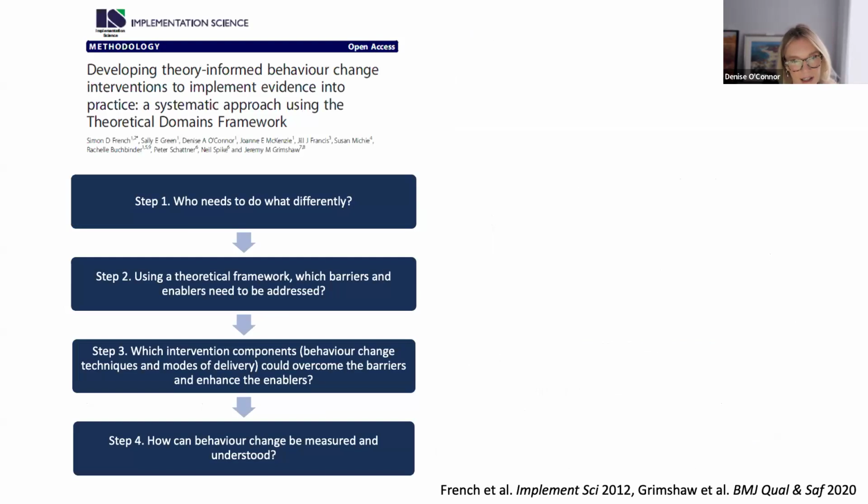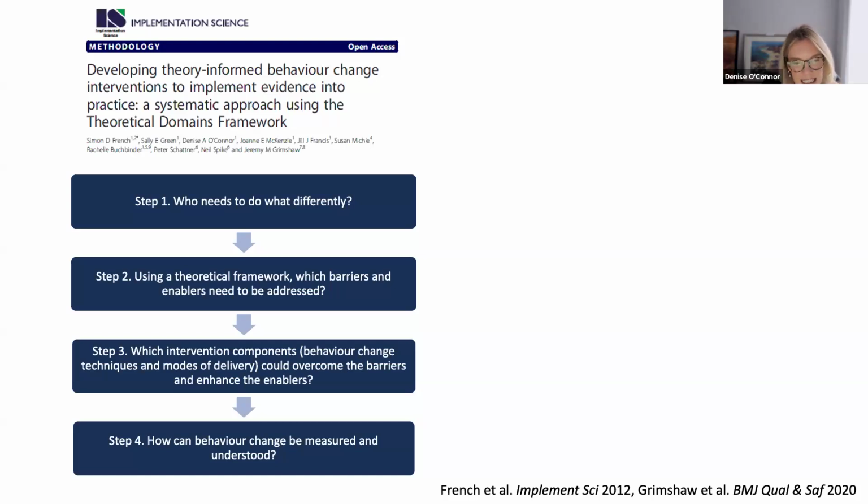So about a decade ago, my colleagues led by Simon French and I published a model for developing research translation or behaviour change interventions that involved 4 phases. And this included first defining what behaviour change needed to occur to translate research evidence into practice. Second, assessing barriers and enablers to change, that was informed by relevant theory or frameworks.